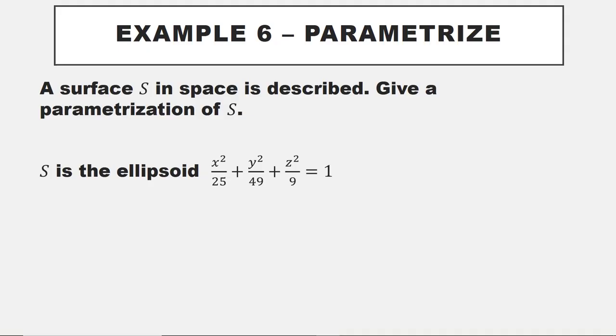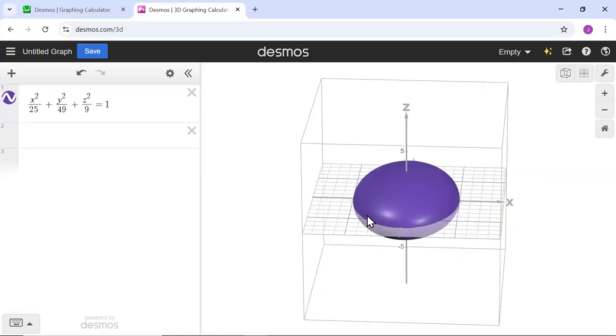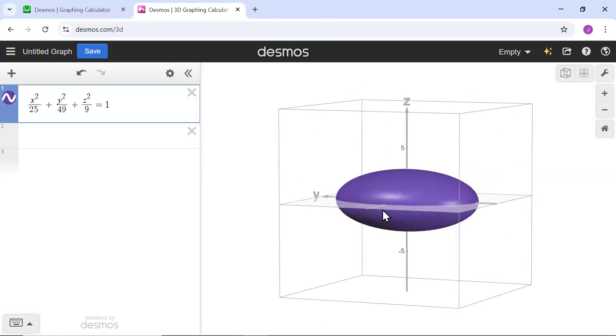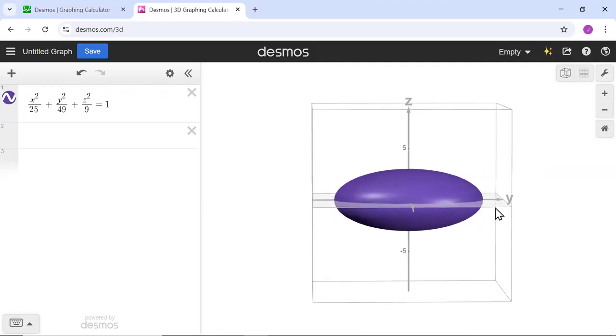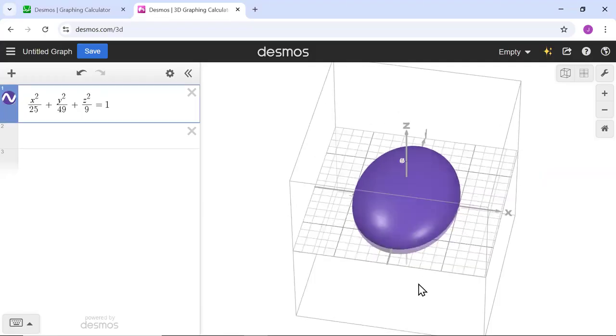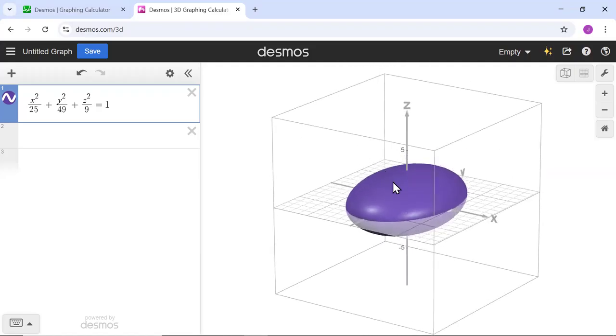And once again, we're going to use the trick of trying to create cosine squared plus sine squared equals 1. This one is going to be a little bit more difficult because we have 3 variables. So here's the picture of our ellipsoid. Obviously, in this case, while x does have some numerical bounds, x can go from -5 to 5. That's not going to be the most efficient way to do this.